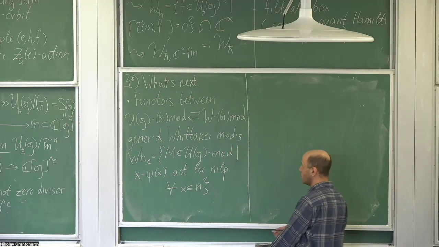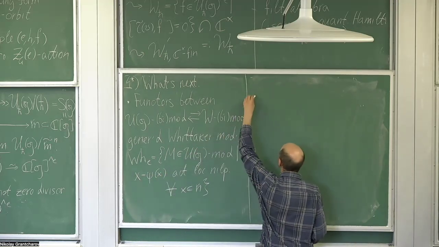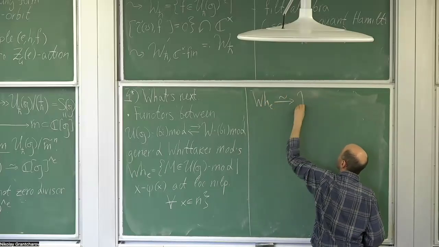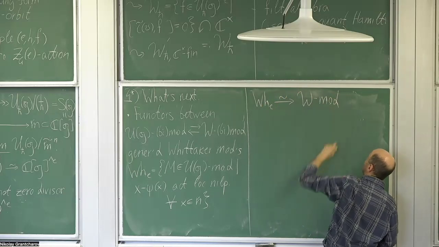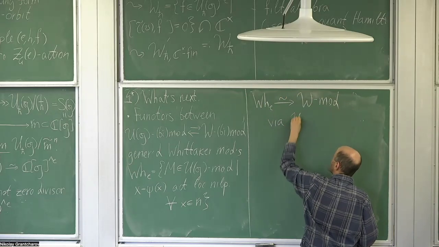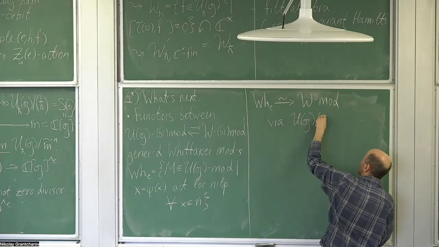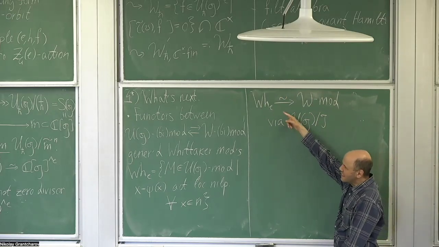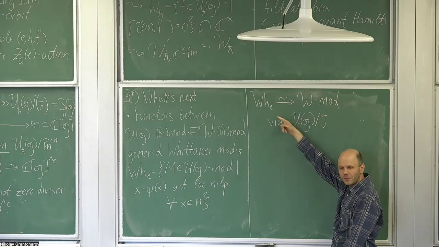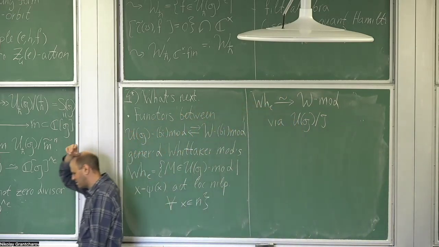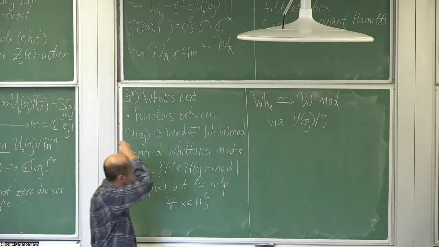And this category is equivalent, in fact, to the category of all modules over the W algebra via the bimodule. Somehow this is more useful in the principal case because the subalgebra is nice, but in the general case, the subalgebra is God knows what. So this is not so useful. There are other functors.